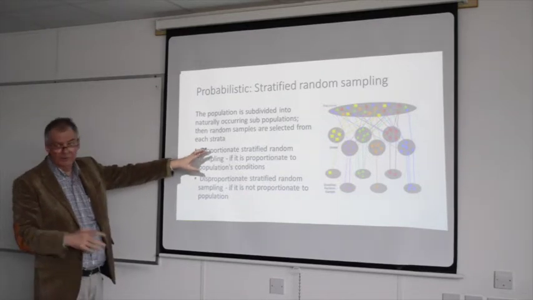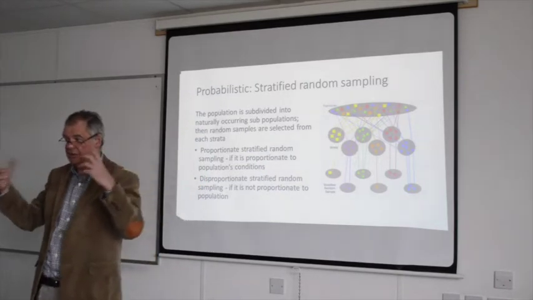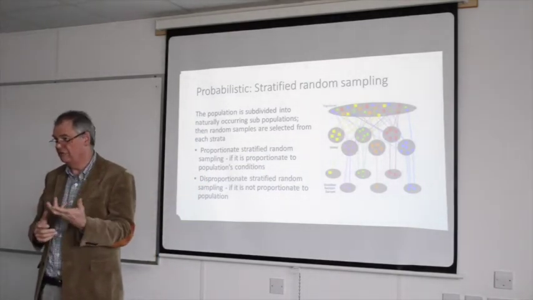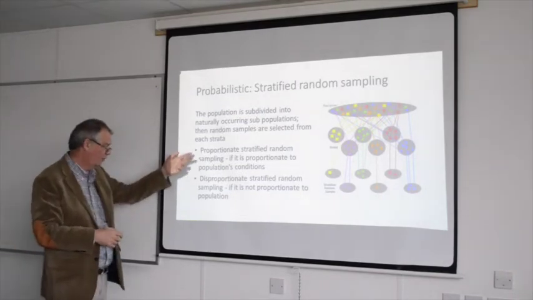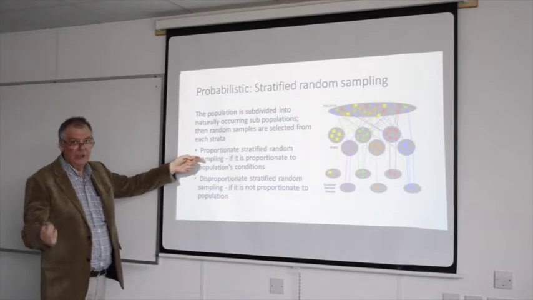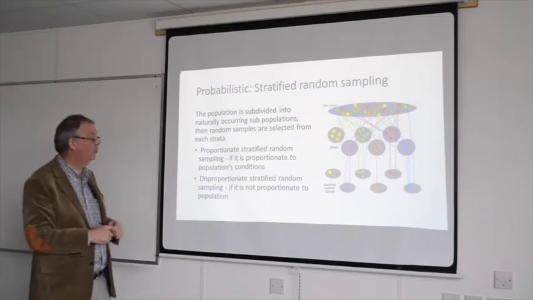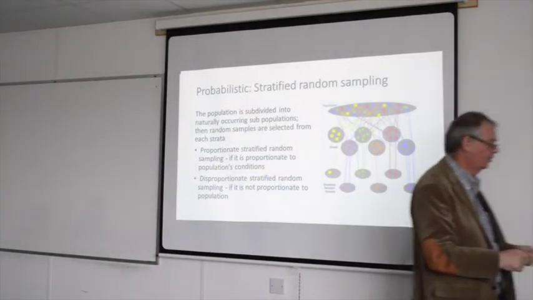So, for example, in this university there's a very large number of people between the ages of 18 and 21. That's just the way it is. So if you do proportionate stratified sampling here, you pick out a lot of people in that age group, quite rightly so. Disproportionate, you disregard those kinds of things.